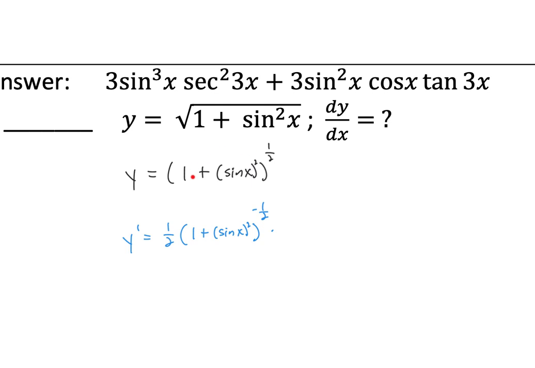So now we're just focusing on the inside, and that's what gets multiplied on the outside here. When we take the derivative of the inside, that 1 will just go away. And then we're taking the derivative of sine x squared. The derivative of the outside is just something squared, so that'll be 2 times something, technically to the first, but we don't have to write that.